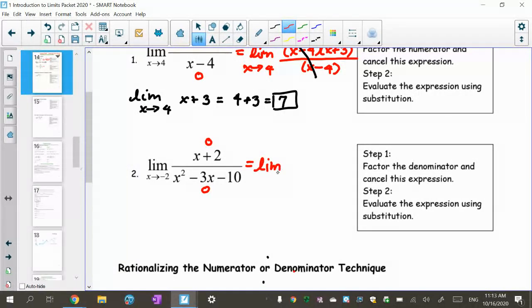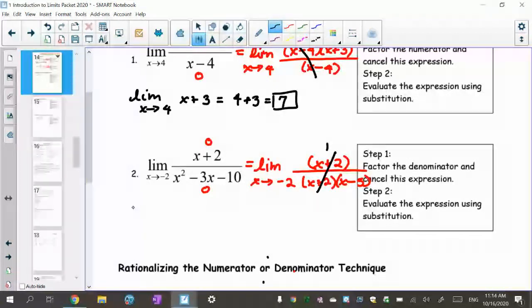So I write the limit as x approaches -2 of x plus 2, put in parentheses, all over x plus 2 times x minus 5. Now I can divide to make a 1 or cancel as you will. So I have the limit as x approaches -2 of 1 over x minus 5.